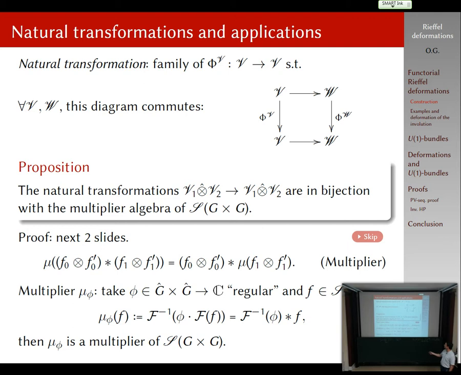So you just use the Fourier transform, and then you multiply by phi, and this is going to give you a multiplier in this above sense. Right. So now we've seen that these natural transformations of pairs correspond really to such functions phi from G hat tensor G hat to C.